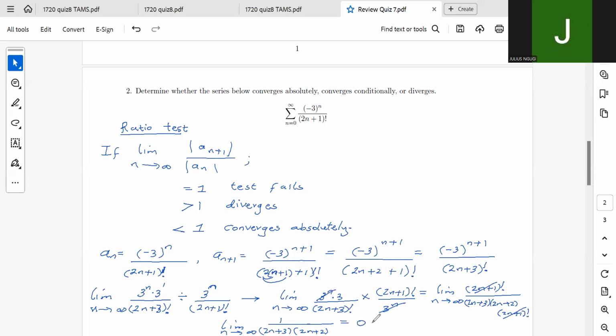And 0 is strictly less than 1, so this one converges absolutely. And what converges absolutely is the series that we were given, that this sum converges absolutely.